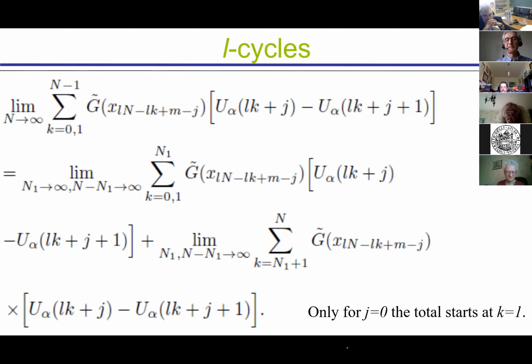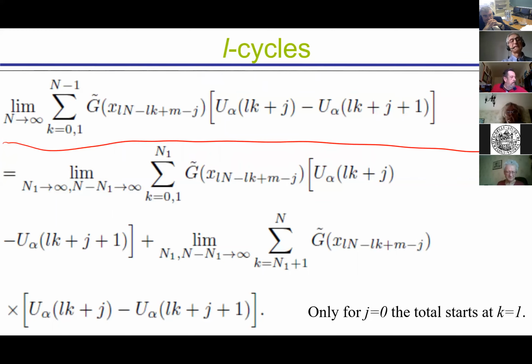We go to the next slide. There are L totals in the definition of the difference of two consecutive values of x. And it can be written like that.